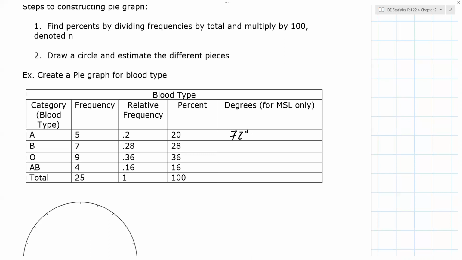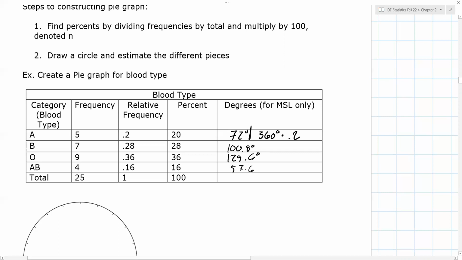And you get this answer by doing 360 degrees, which is the whole circle, times the relative frequency, which in this case is 0.2. And then you would do that for the rest of them as well. So 360 times 0.28, you get 100.8 degrees. 360 times 0.36, get 129.6. 57.6.